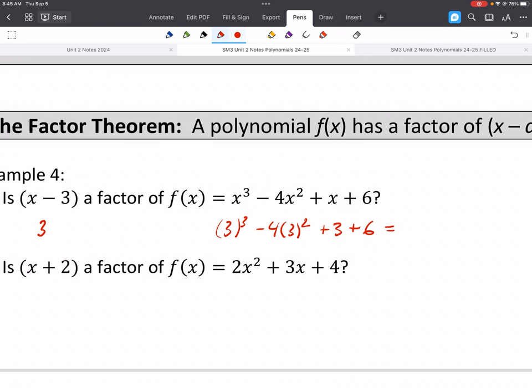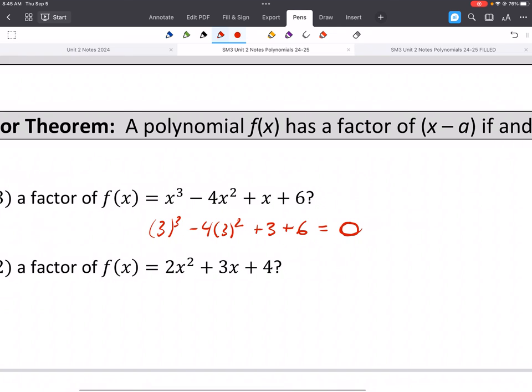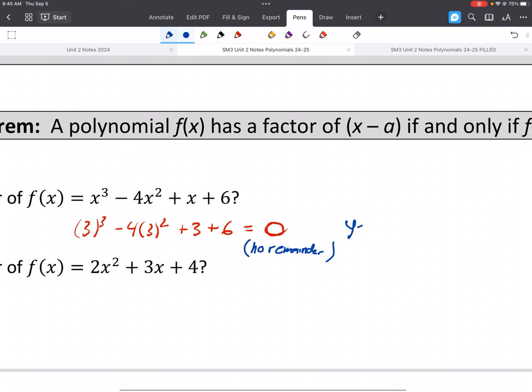Then we use our calculator, and we would end up getting 0. That means there is no remainder, which means that yes, x minus 3 is a factor.